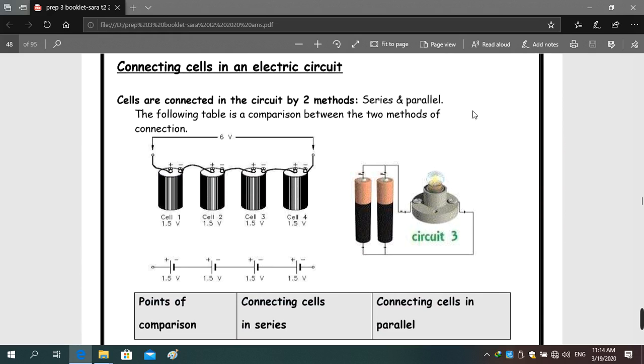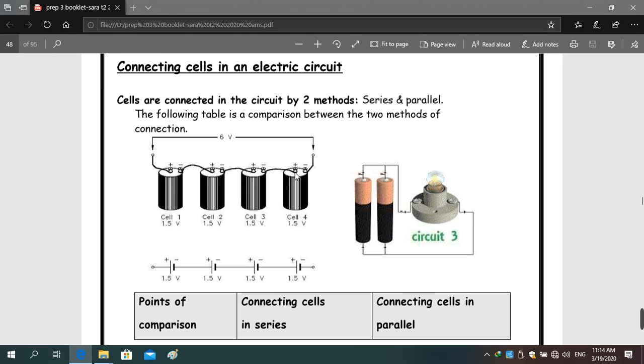Let's take another very important point: types of connecting cells in an electric circuit. We have two methods for connection of the electric cells. Method number one, connection of the electric cells or batteries in series, like this.